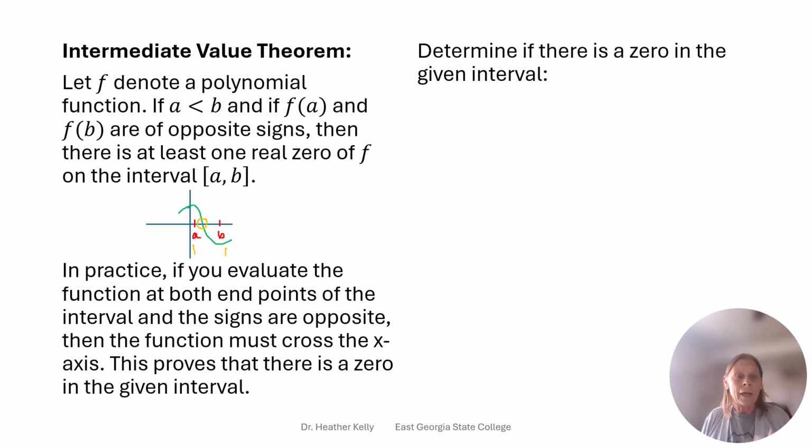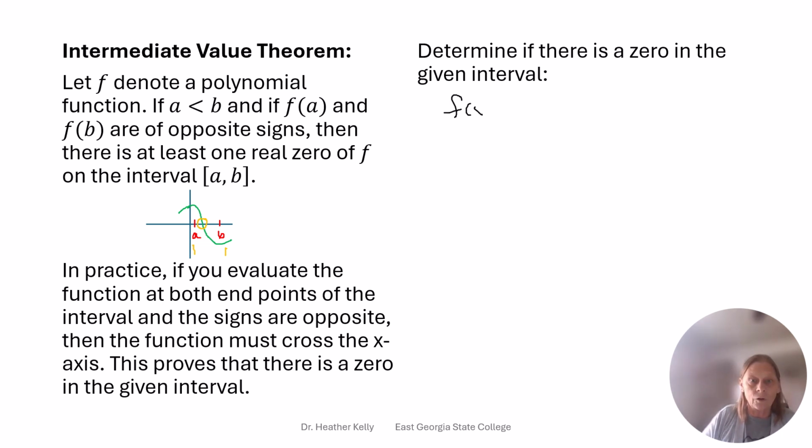Okay, so in practice, if you evaluate the function at both ends of the interval you're given and the signs are opposite, one's positive, one's negative, then you know that the graph crosses 0 somewhere in between those two numbers, and that's what we're going to work with here. So determine if there's a 0 in this given interval, and here we go.